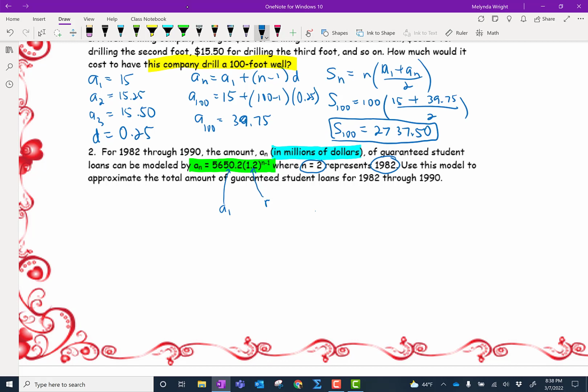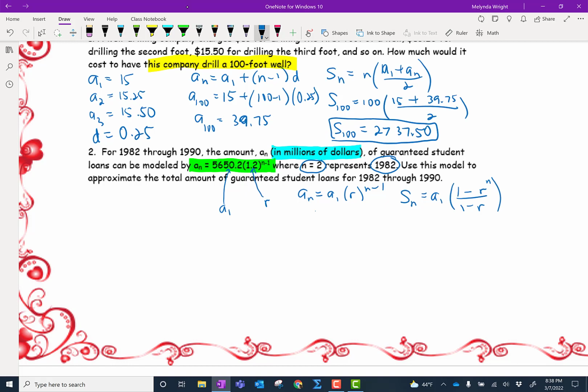So let's write down both formulas. a sub n equals a sub 1 times r to the n minus 1, and s sub n equals a sub 1 times 1 minus the rate r to the n over 1 minus r.